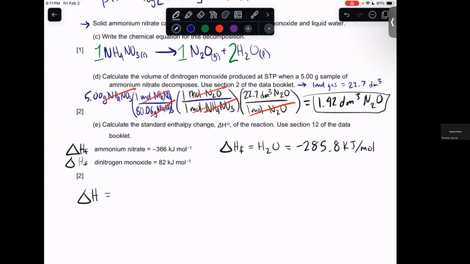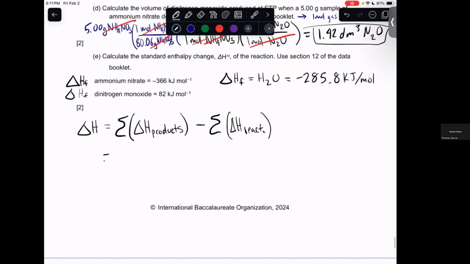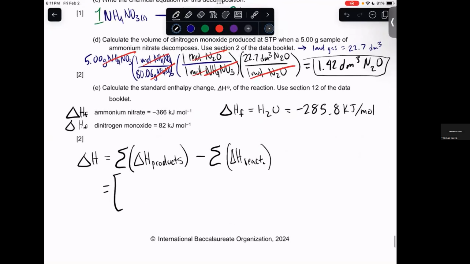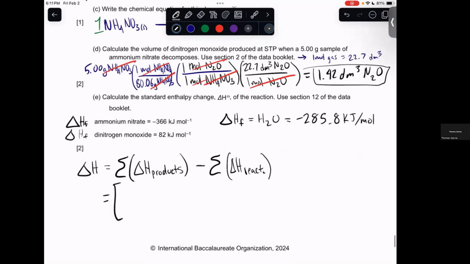So what we're going to do is find the delta H of reaction using our equation. The equation we use is the sum of the delta H of the products minus the sum of the delta H of the reactants. When we plug this in, our products are dinitrogen monoxide, 82 kilojoules per mole.